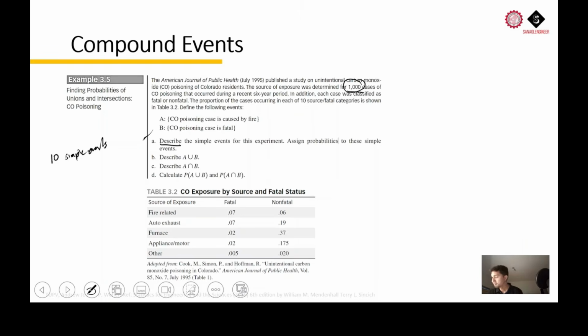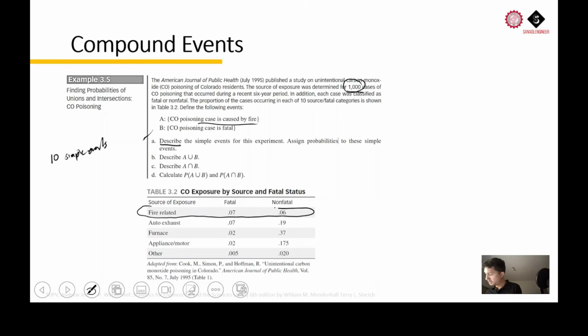Letter B, describe A union B. So describe A union B means the union of A and B. A, we know, is the poisoning case caused by fire. So this is A, fire related.